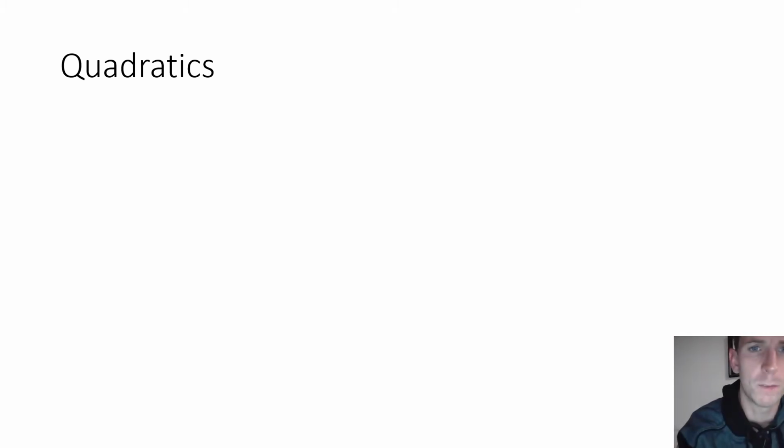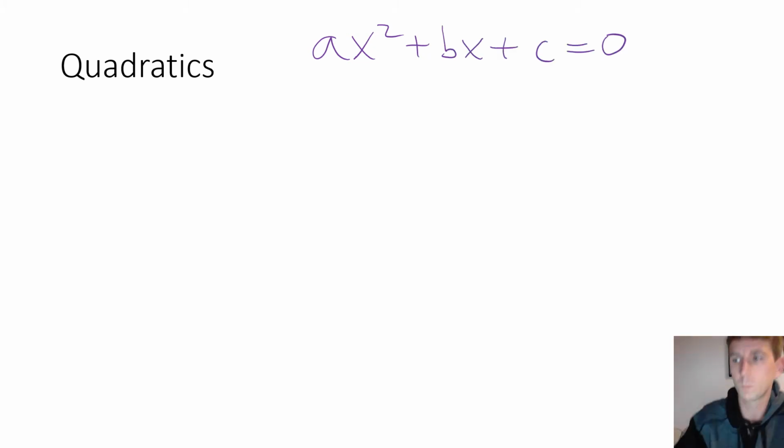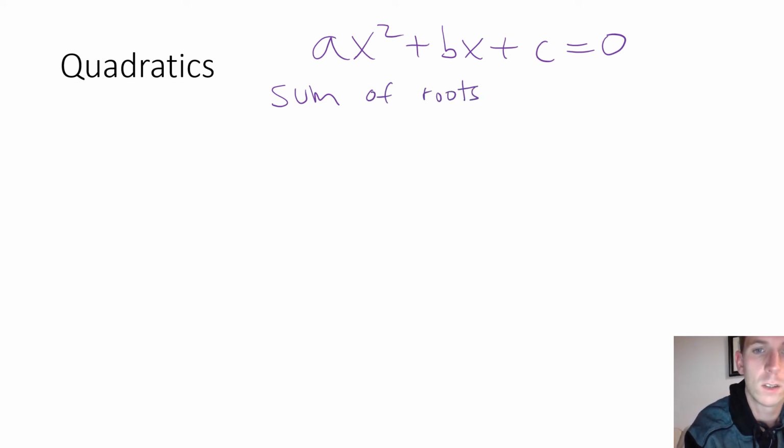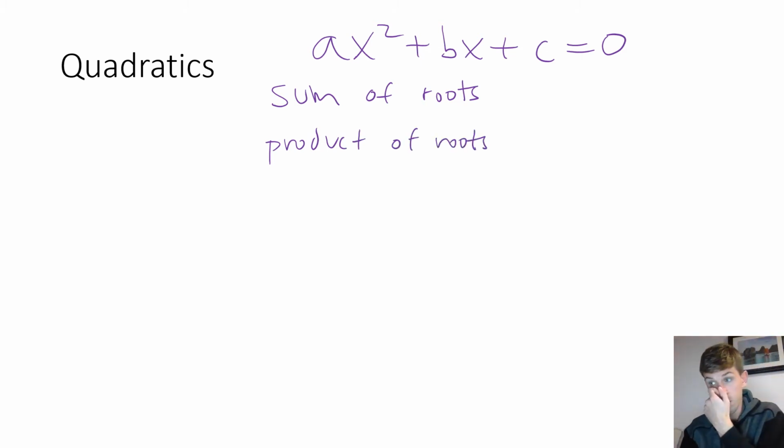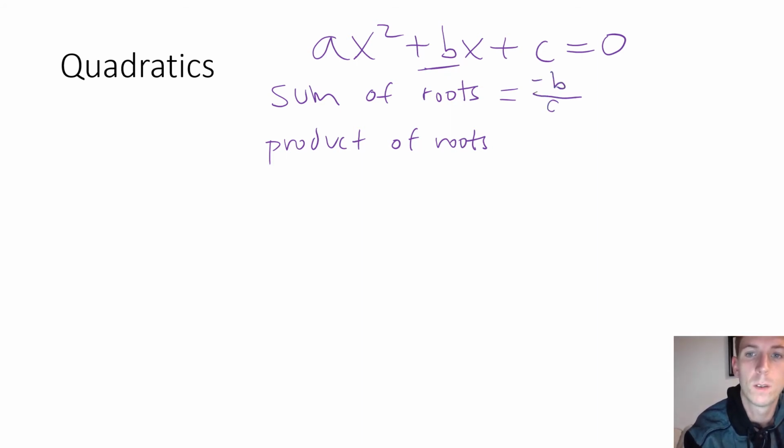So thinking about this in terms of the general quadratic, ax squared plus bx plus c equals 0. If I wanted to get the sum of the roots and the product of the roots for the general quadratic, well, we know the sum is negative 1 times that second term, which is b here, so negative b over a.